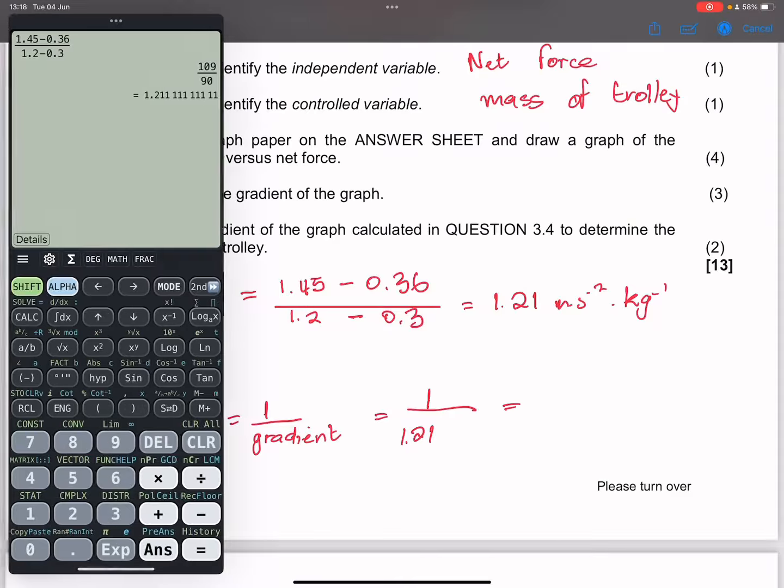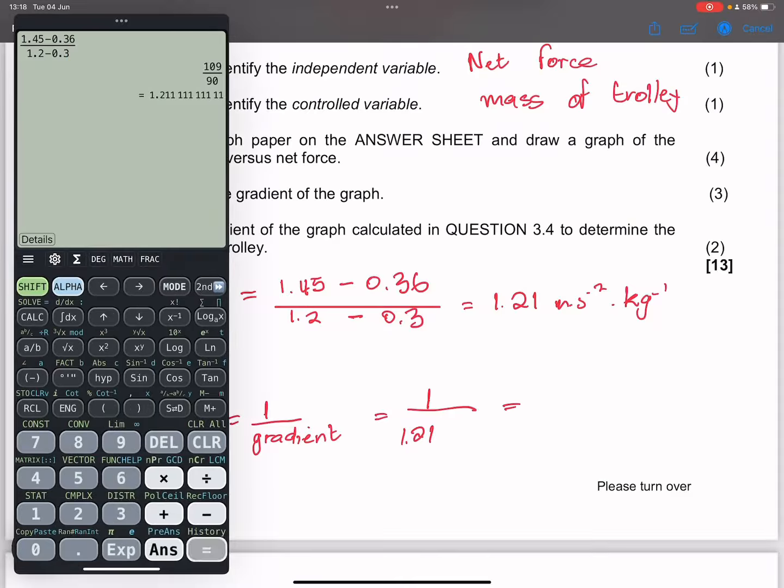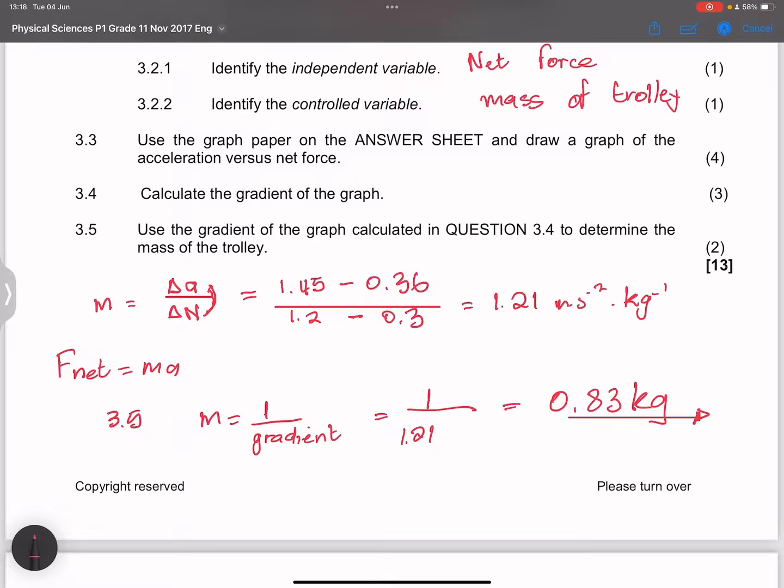Okay, right, so whilst I still have that value there, I'm just going to take the inverse of my answer, and I get a mass of 0.83 kilograms. Right, so that would be the mass of my trolley.